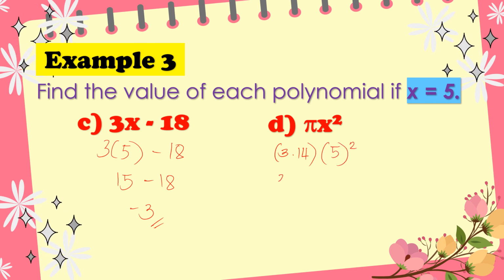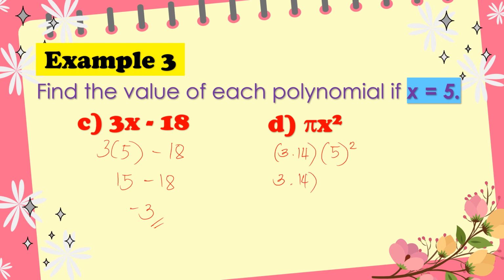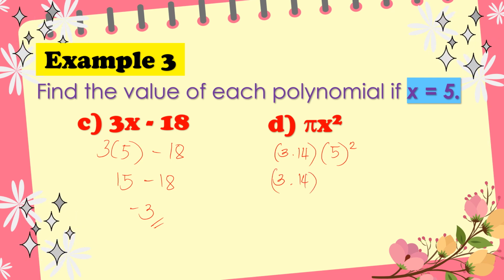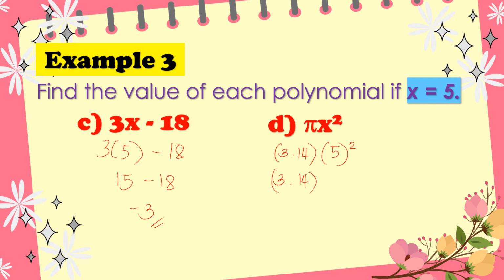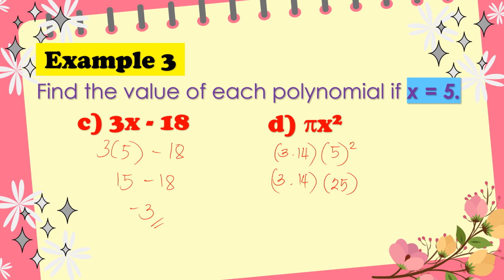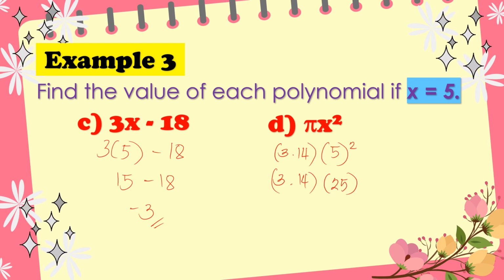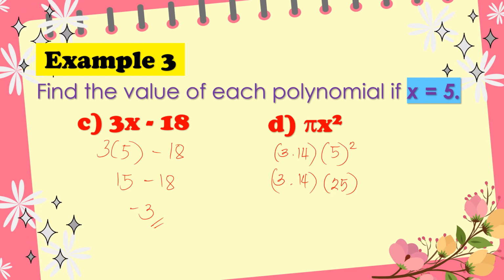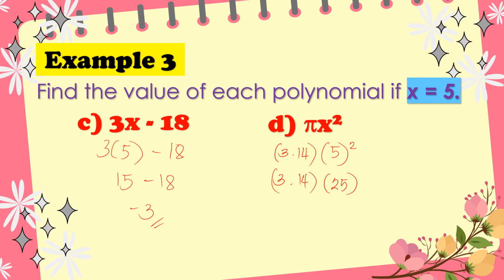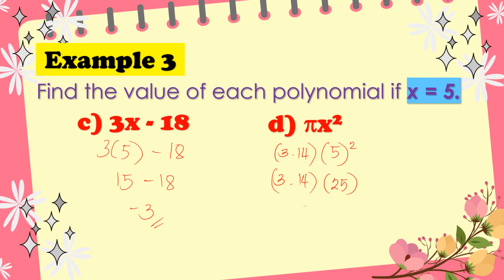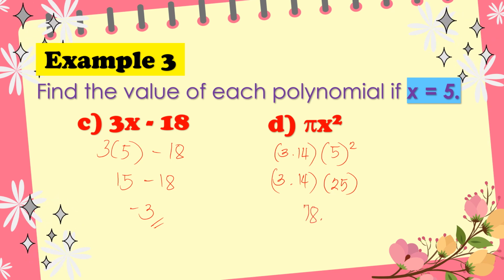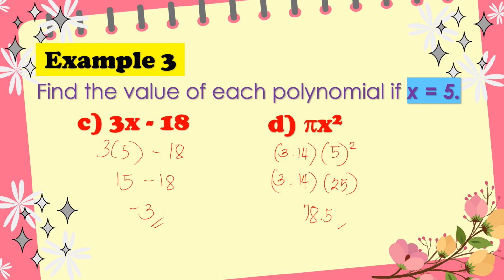Unahin natin i-simplify yung expression na may exponent. So, that would be 5 squared. 5 squared is 5 times 5. That is equivalent to 25. Now, let us multiply 3.14 by 25. We will get 78.5.